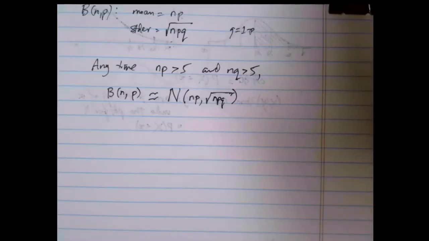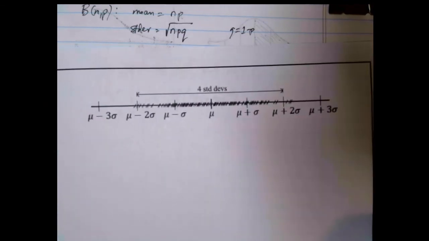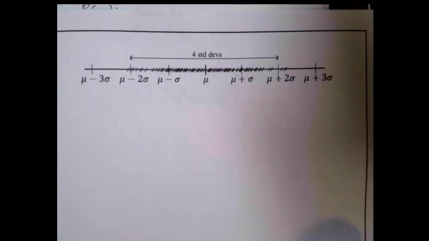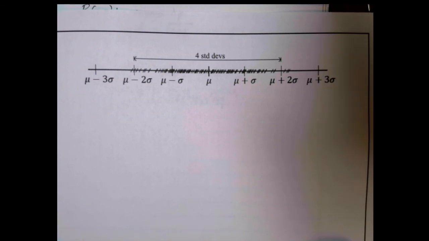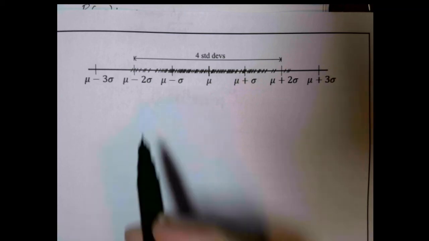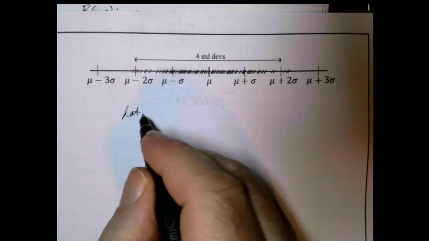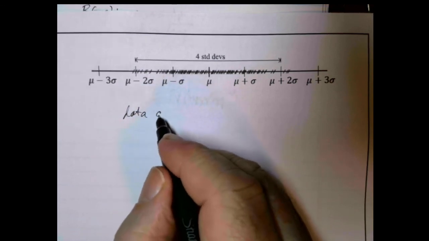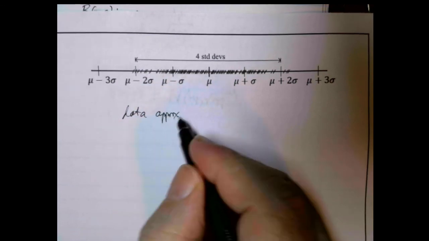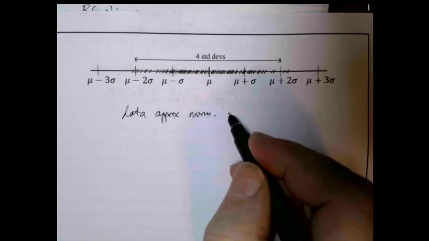All right, one more little thing, and this is not something you'll be tested on at all. This is just a rule of thumb that people who work with this stuff know and use. Suppose you have some data that's approximately normally distributed.